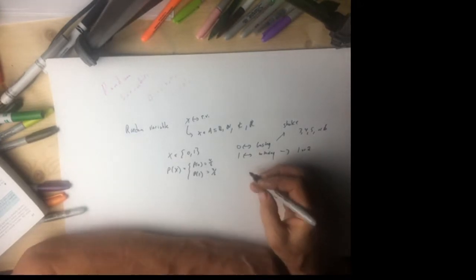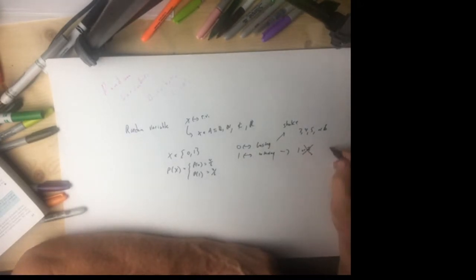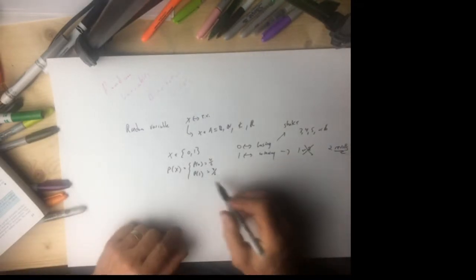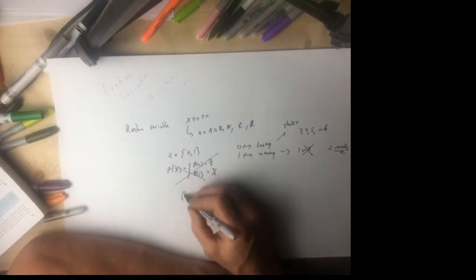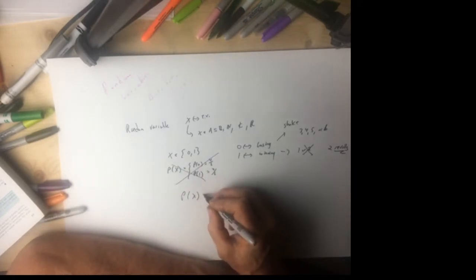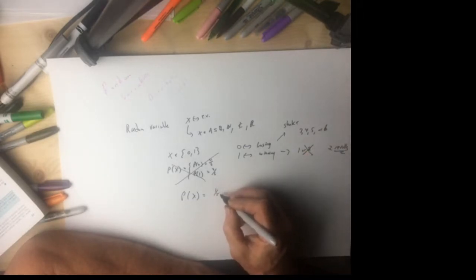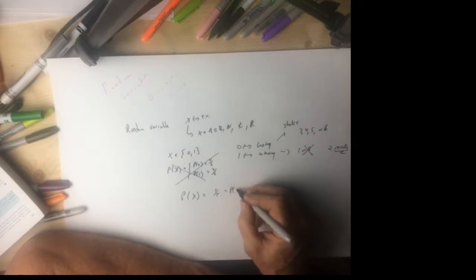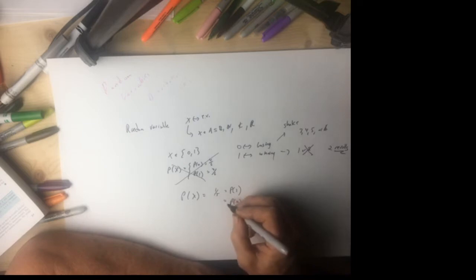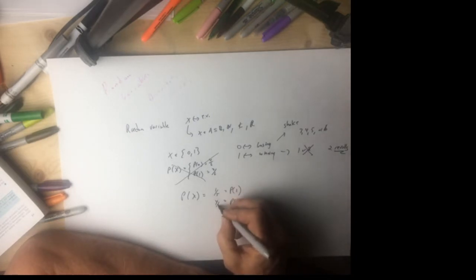Now, I can mess with this, and I can just say 2 rerolls. What would that do to this? Well, this would be wrong. The probability that you win is 1 out of 5 possible outcomes. And the probability that you lose is associated with 4 of 5 outcomes.